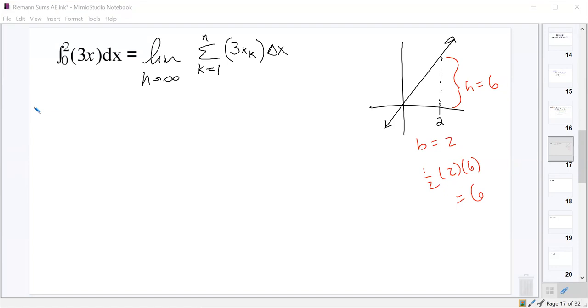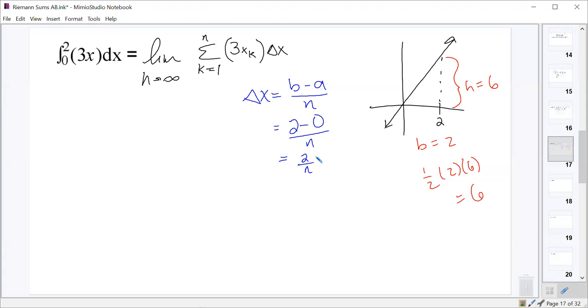So then what is delta x? Well, we said delta x is always equal to b minus a over n, which in this case is, what's b? 2. And a is 0. So delta x is just 2 over n.